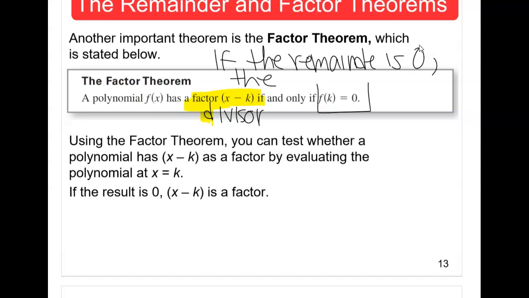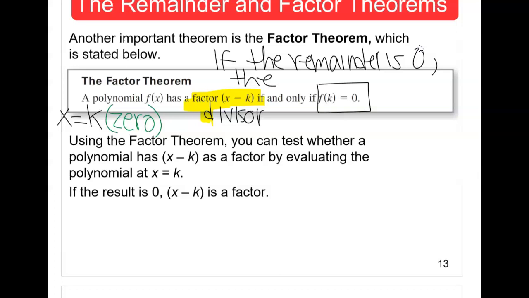But also, if the divisor is a factor, then x equals k is actually a 0, or a solution to the equation, or it will show as an x-intercept.